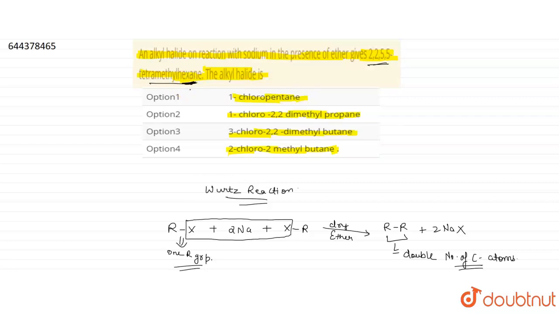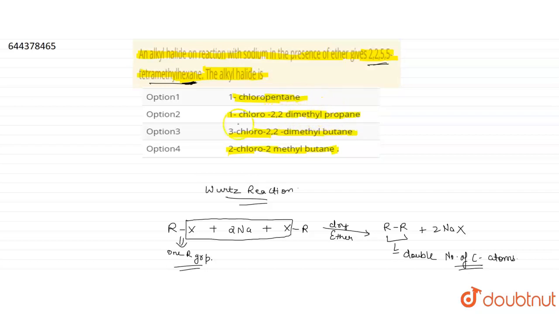So how can we form an alkane of 6 carbon atoms? We can form it from an alkyl halide which has 3 carbon atoms in it. If we have to form the alkane with 6 carbon atoms, then we have to use an alkyl halide of 3 carbon atoms.